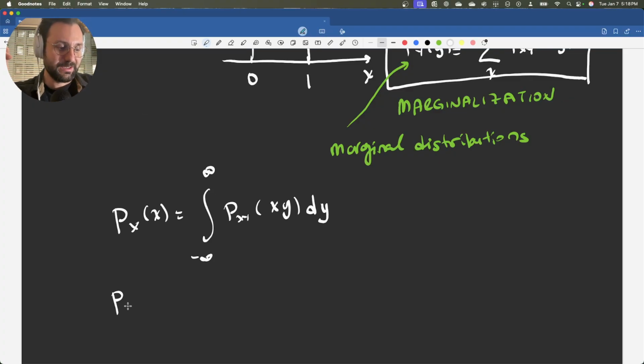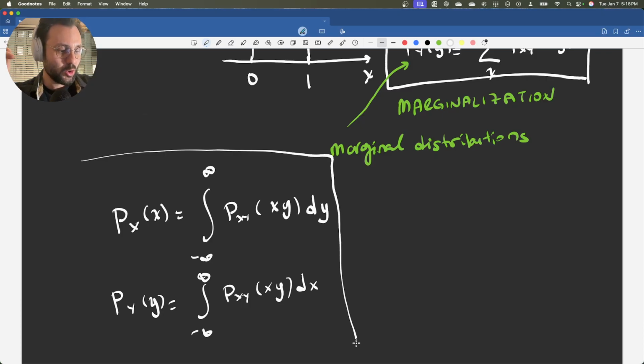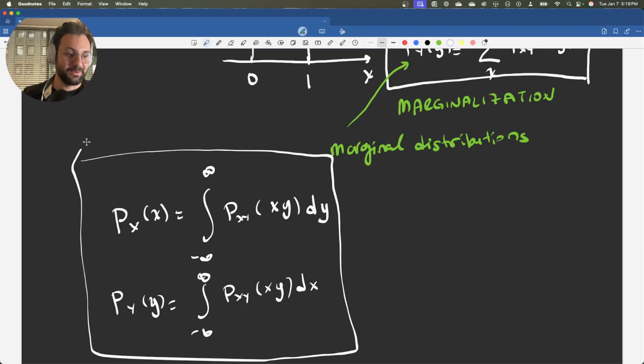And similarly, p of y is equal to the integral from minus infinity to infinity of p of xy dx. So if I marginalize over an axis, I just make it disappear. So this is marginalization and joint probability.